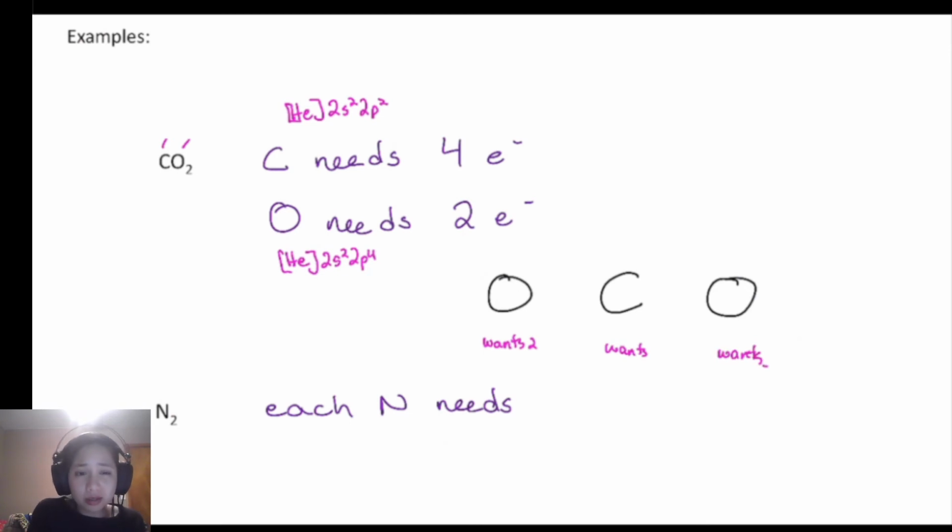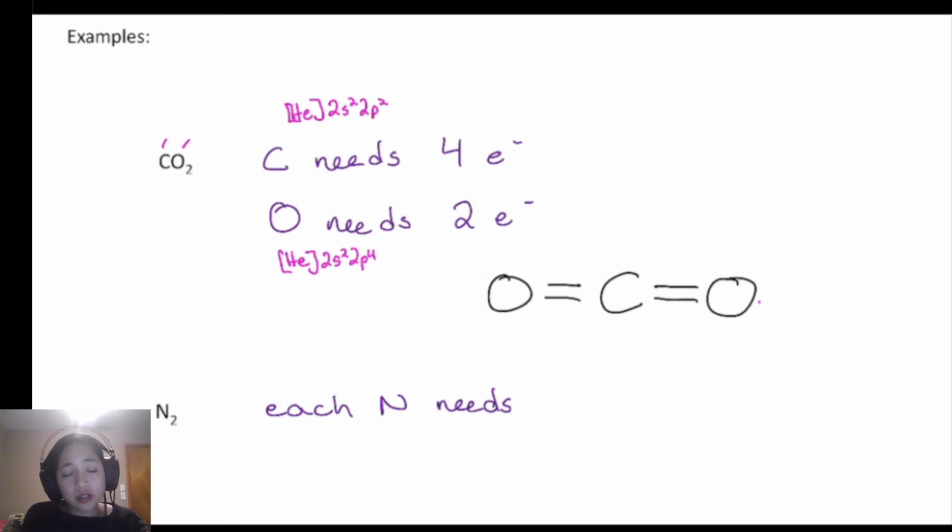It's just like a puzzle, we need to put it together. I can imagine that oxygen can share 2 of its electrons with carbon to get the 2 that it needs, and then this other oxygen can share with carbon, getting the 2 it needs, and in total carbon gets 4 electrons. So what happens when we put this together is that we form a double bond between carbon and oxygen.